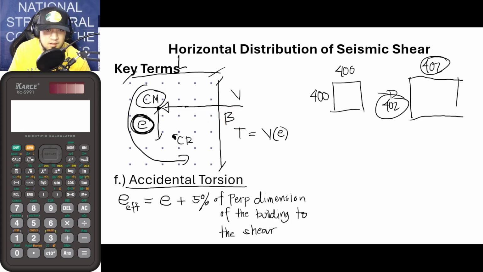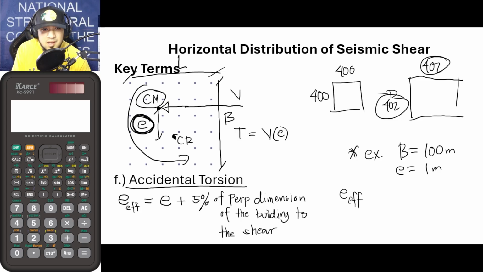So for example, B is equal to 100 meters, and let's say that the eccentricity is 1 meter. Okay, so for the effective eccentricity to take into account accidental torsion, this is equal to 1 meter plus 5% of 100.